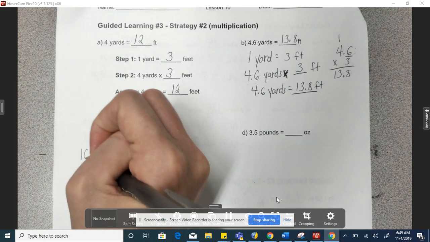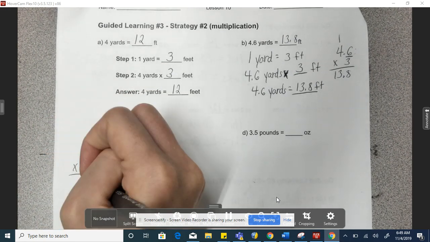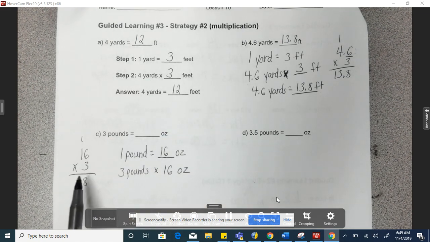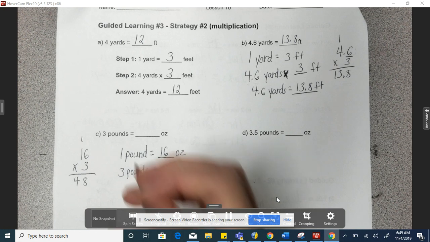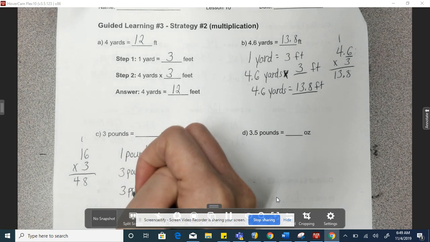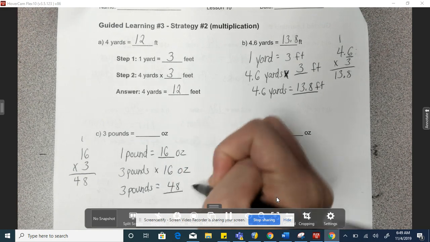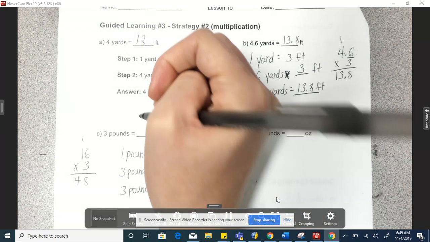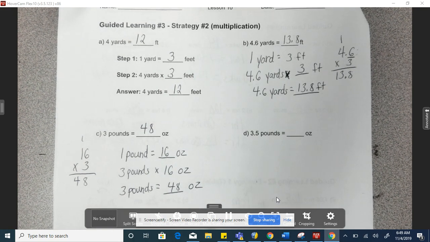I'll do that work over here. 6 times 3 is 18. Carry the 1. 3 times 1 is 3. Plus 1 is 4. So that means that for every 3 pounds, there are 48 ounces. My answer is 48.